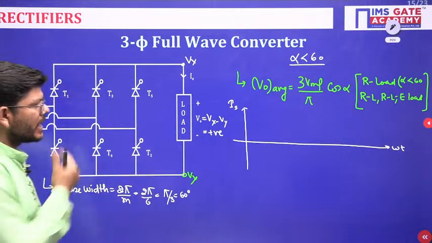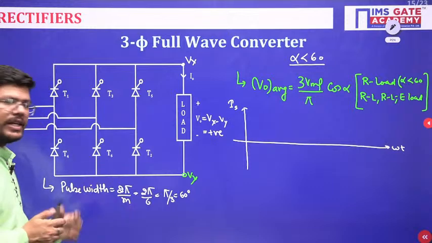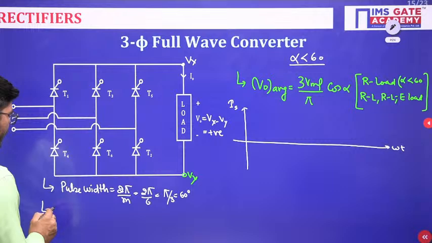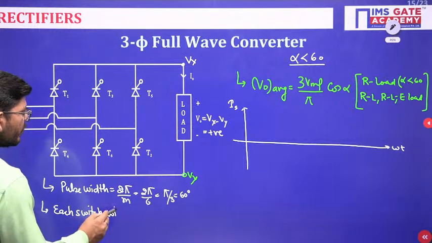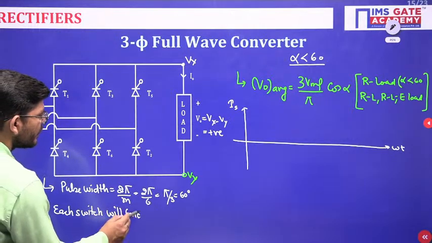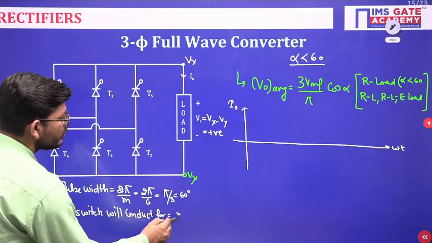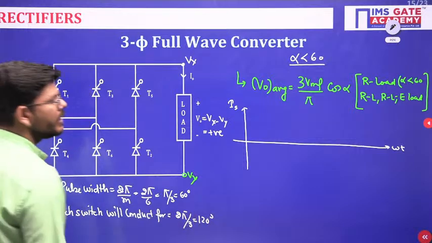If I plot the source current, each pulse width is 60 degree, and here one more thing you will get: each switch will conduct for 2 pi by 3 or 120 degree, okay.